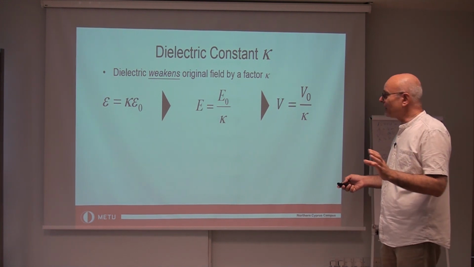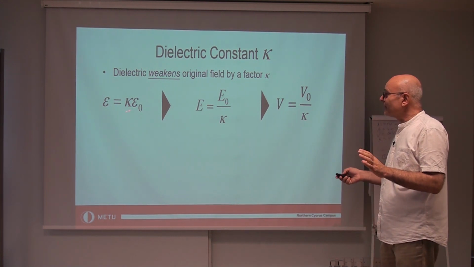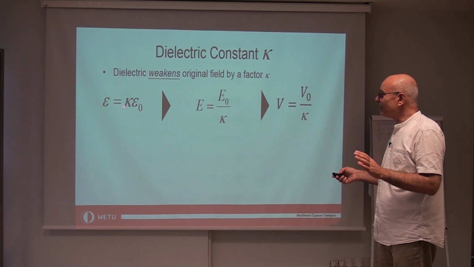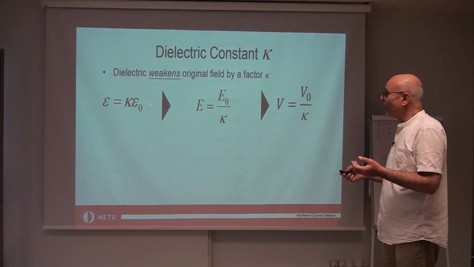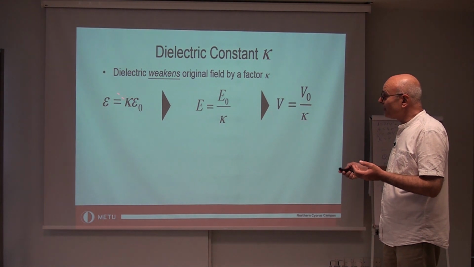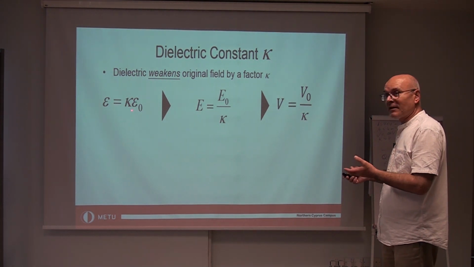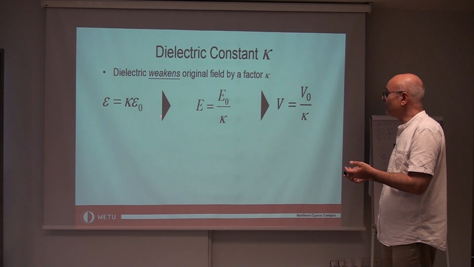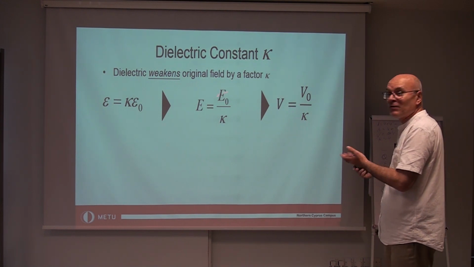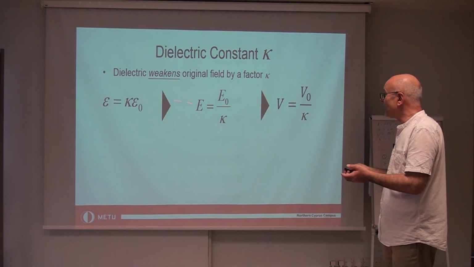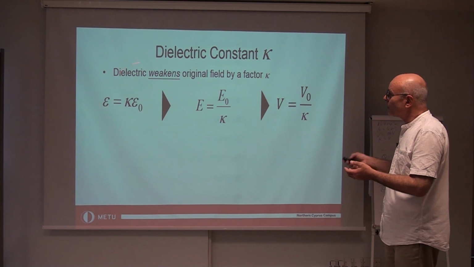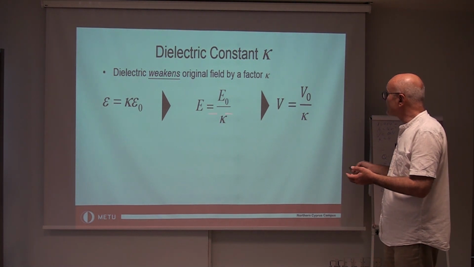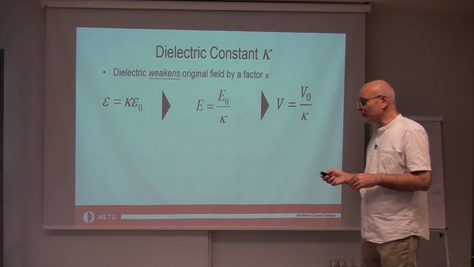It is important to note that you either change epsilon, and so E and V will change automatically, or you change E and then V will change automatically. So you do not apply this in the definition of E and also in epsilon and so on. You have to be careful when you use this.